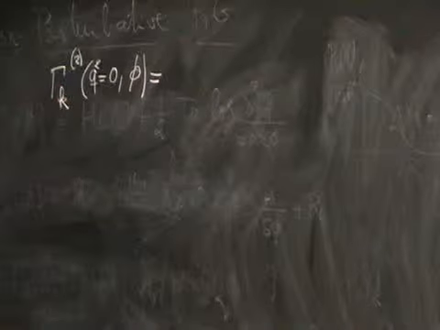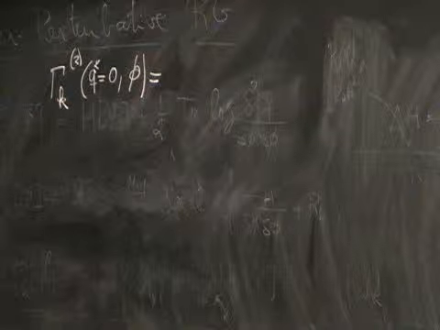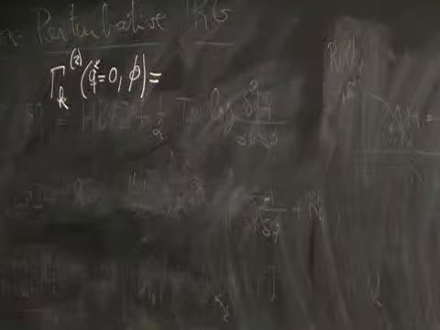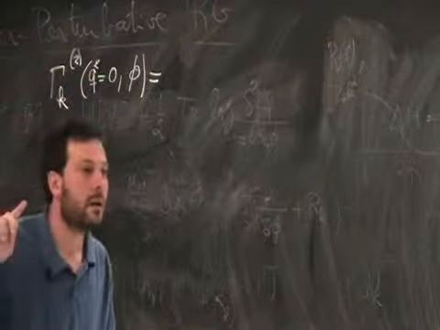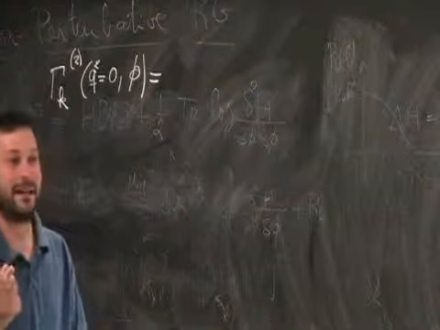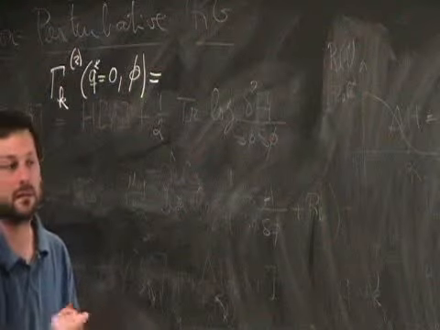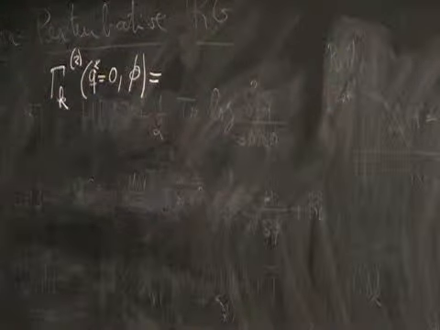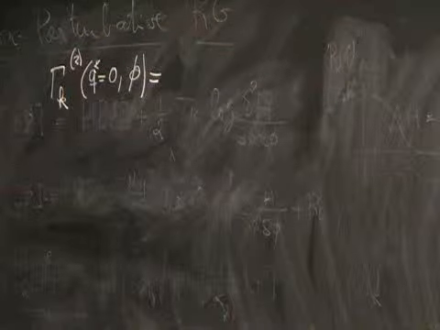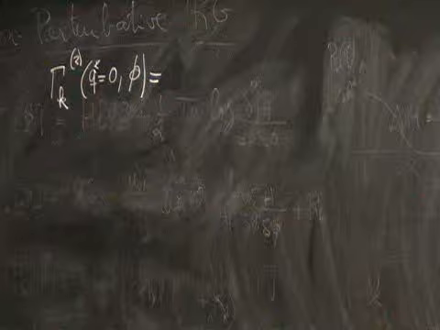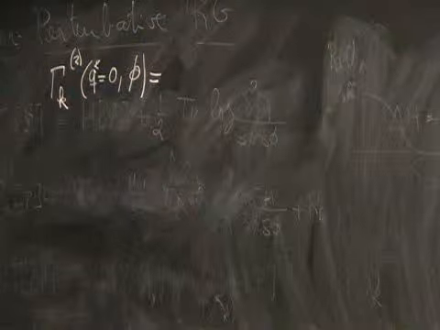Remember that the R has been subtracted. It's not computed. No, R has been subtracted. So R is already explicit here. You see, the R. Little r, yeah, little r.